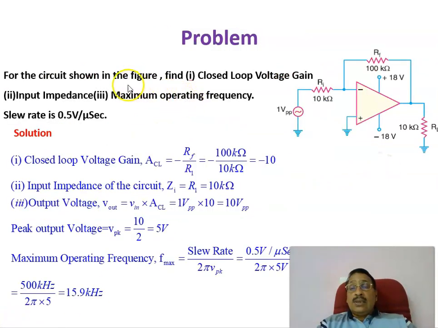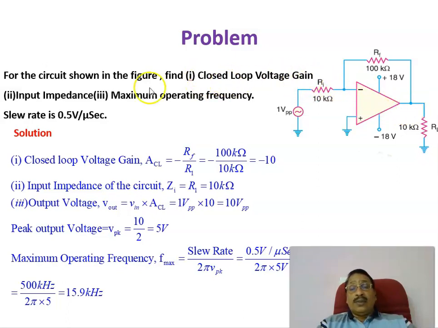Now let us see a problem. Here the circuit diagram is given. It is an inverting amplifier with feedback resistance 100 kilo ohms and input resistance 10 kilo ohms, and a 1 volt peak to peak voltage is applied at the input side. The load resistance is 10 kilo ohms. The question is, for the circuit shown in the figure, what is the closed loop voltage gain?